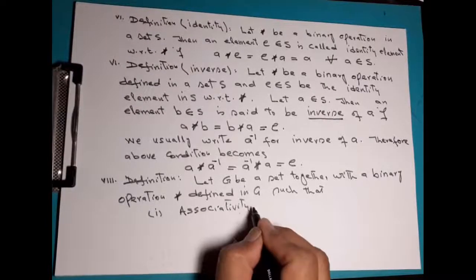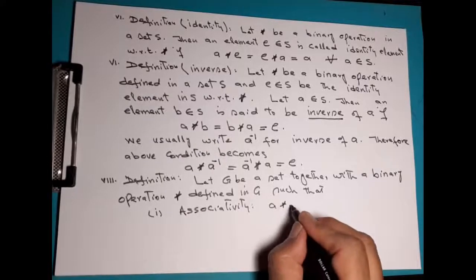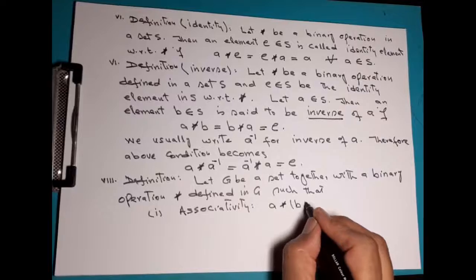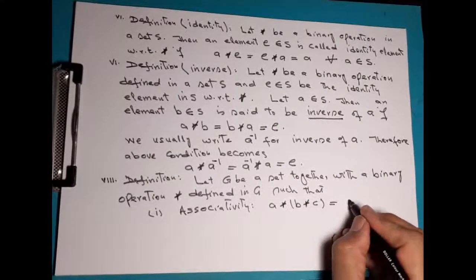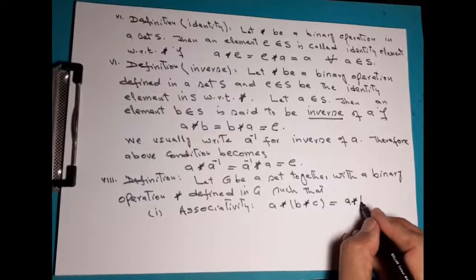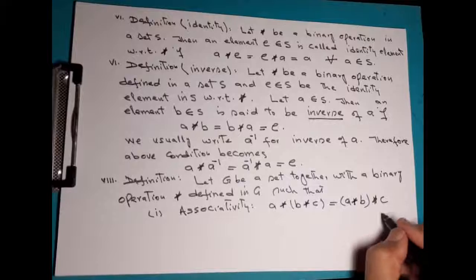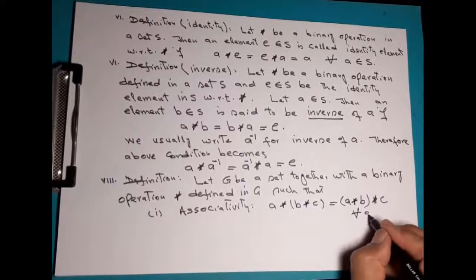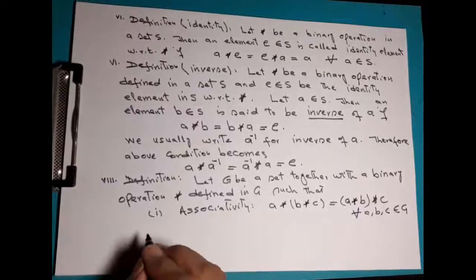So what we mean is that A star B star C is equal to A star B star C, for all A, B, C belonging to G. This is the first condition.